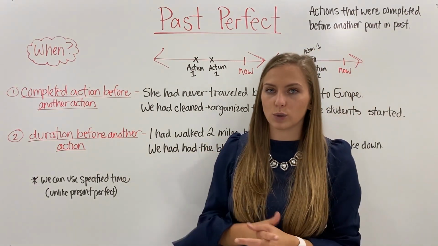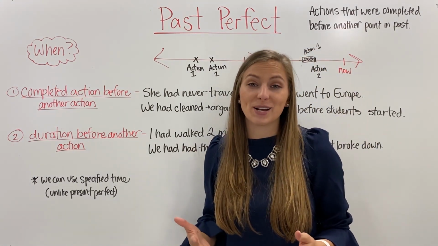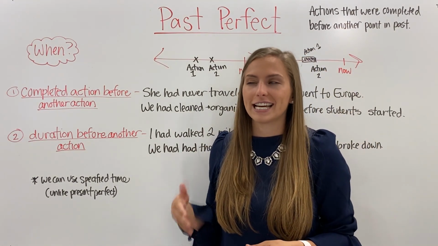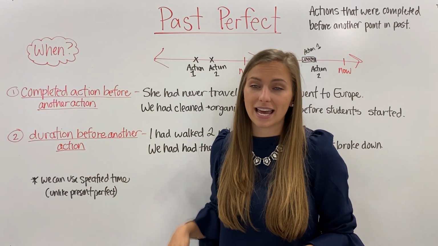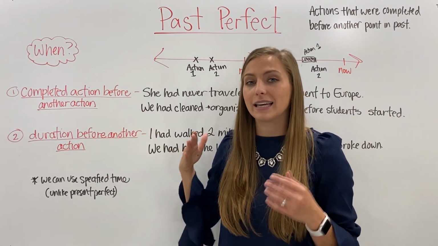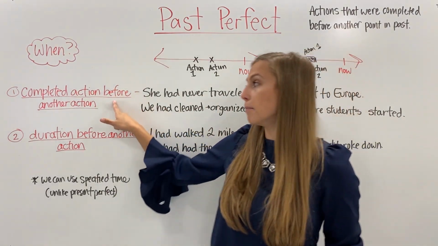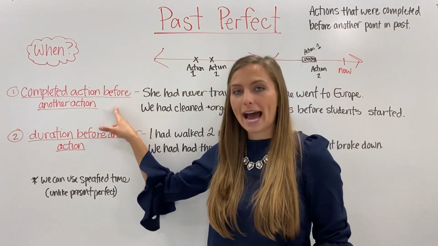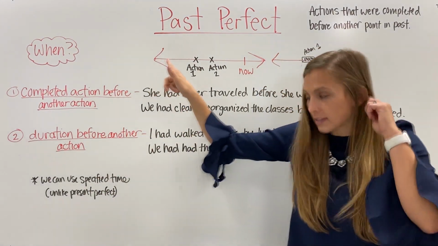So when do we use this tense? Like I said, this is much easier to understand than the present perfect. The present perfect had like 7 different ways we could use that tense. With past perfect, there are only 2 really clear answers of when we use this. The first is a completed action that happened before another action. So let's first look at this timeline.